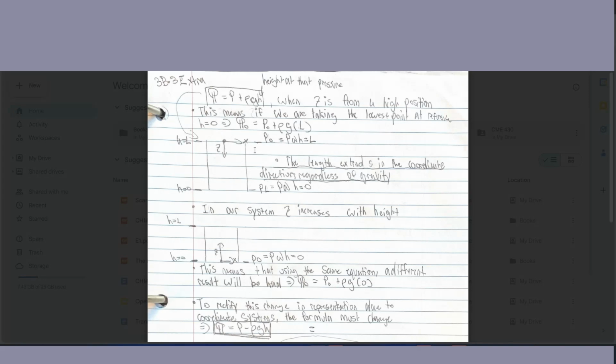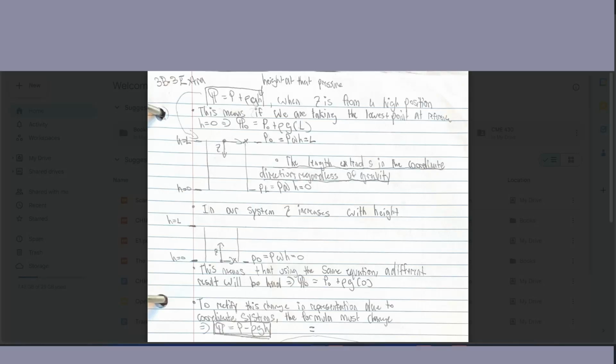But the height at P0 is still L because height always increases from bottom to top. It increases against gravity, like what you would think normally. So height increases this way, and the direction of L increases with the z coordinate. It's kind of confusing, but the modified pressure P0 equals P0 plus rho times g times the height at P0, which is L.